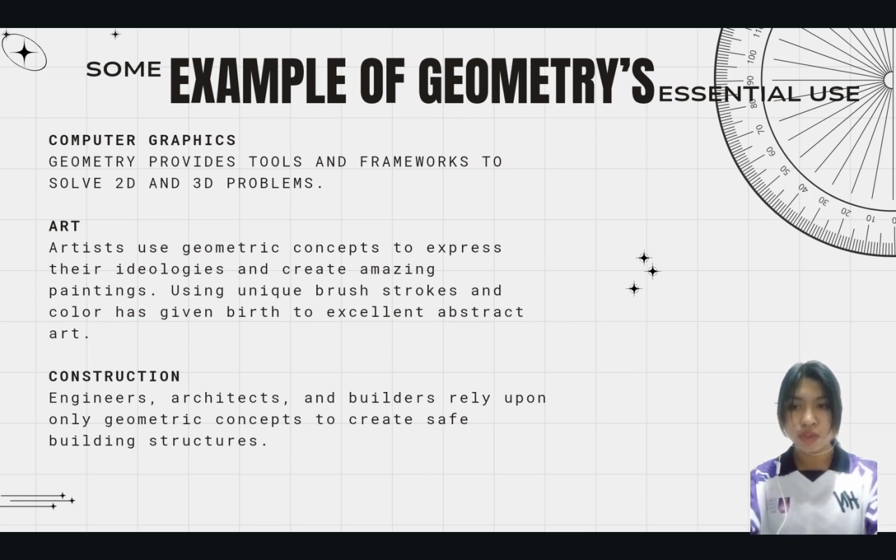Unique brush strokes and color have given birth to excellent abstract art. And last but not least, construction. Engineers, architects, and builders rely on geometric concepts to create safe building structures.